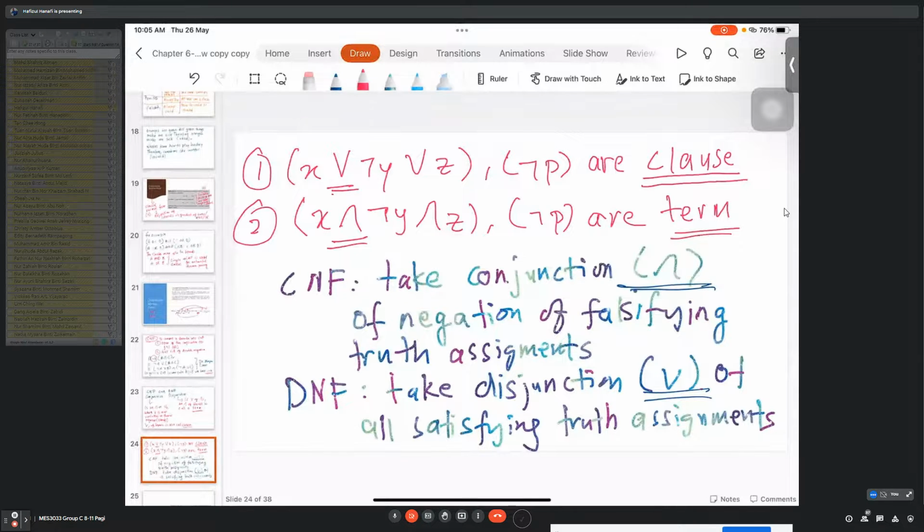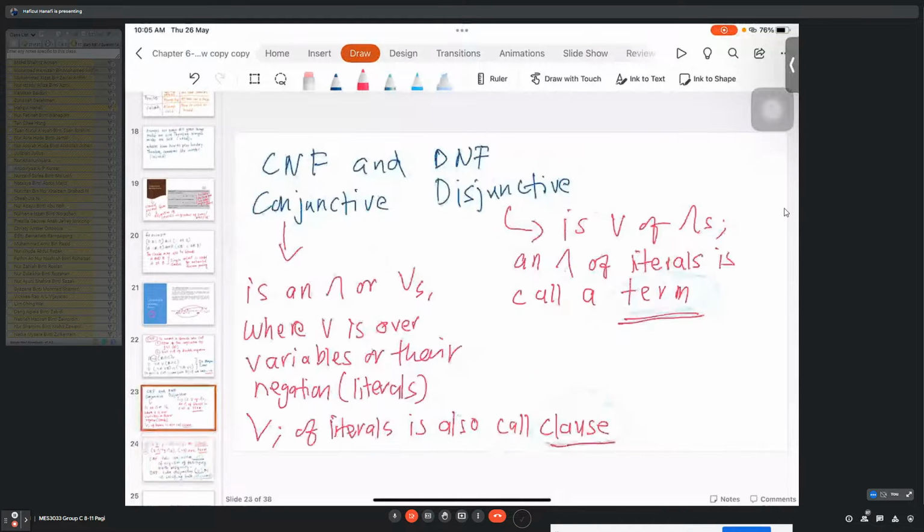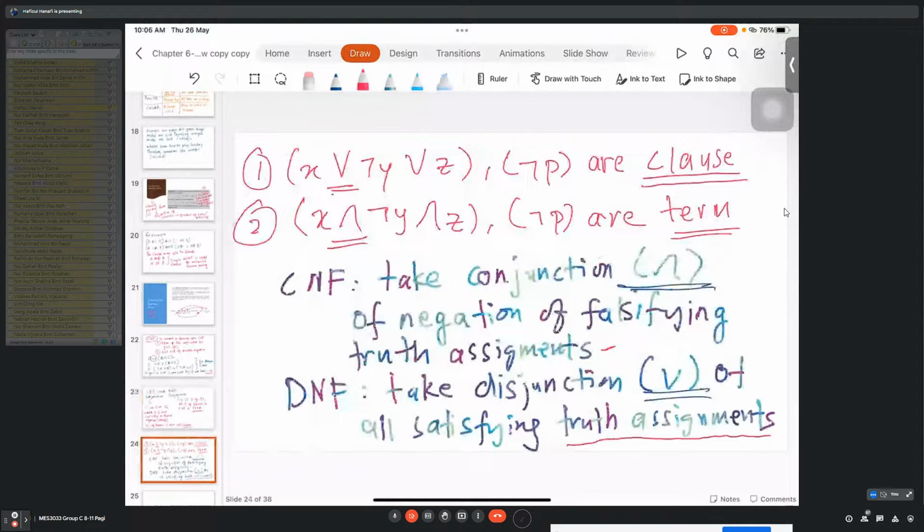Please take note: CNF takes the conjunction of the negation of falsifying truth assignments, whereby DNF takes the disjunction of all satisfying truth assignments. We have terms for DNF, and clauses for CNF.